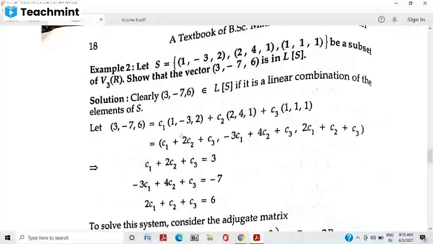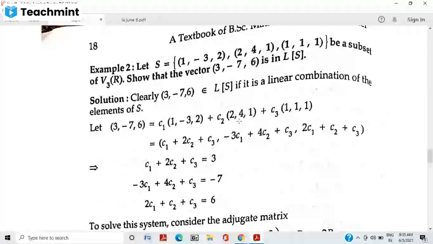For that, we should try C1 into (1, -3, 2) plus C2 into (2, 4, 1) plus C3 into (1, 1, 1). Then when you simplify, what we get? C1 plus 2C2 plus C3. Then minus 3C1 plus 4C2 plus C3. Third element 2C1 plus C2 plus C3.